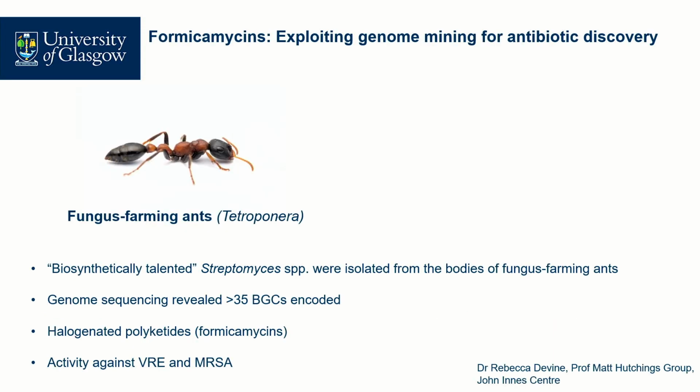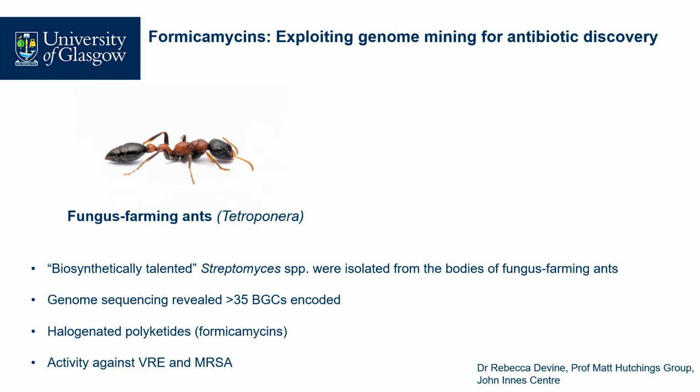One example of this is the formicomycins. Now, this work was done down in the John Innes Centre, a huge centre of antibiotic research, where they looked at fungus farming ants, these Tetraponera ants. So they found that these ants have a fungal garden and they farm the fungus for their food.